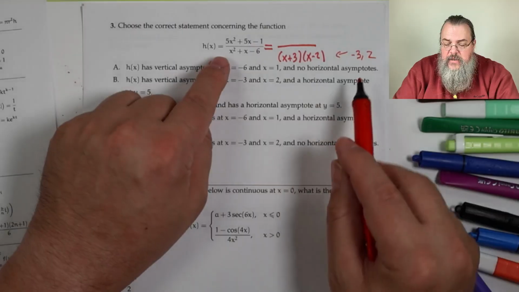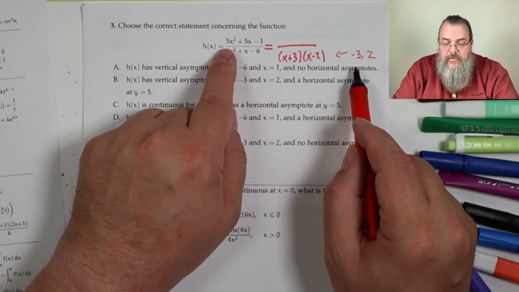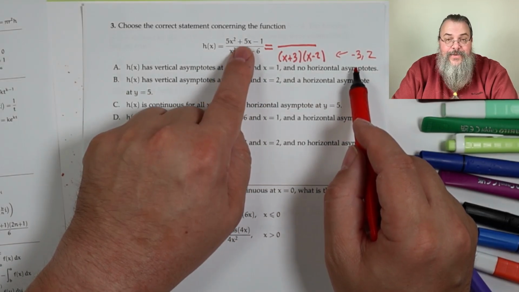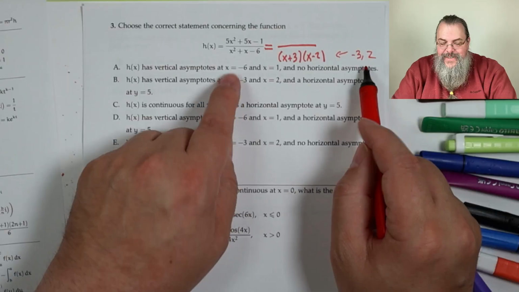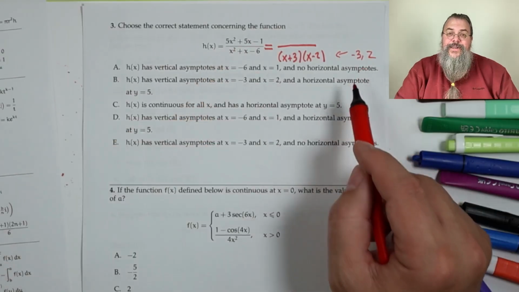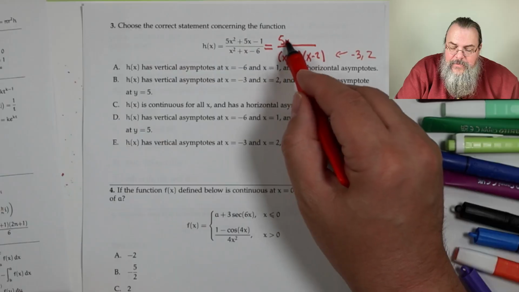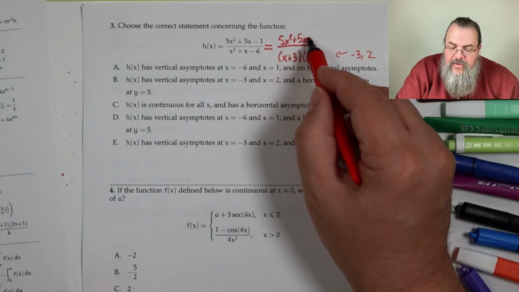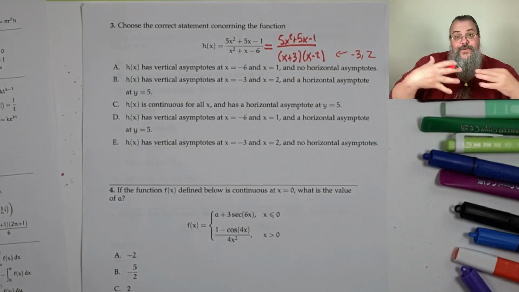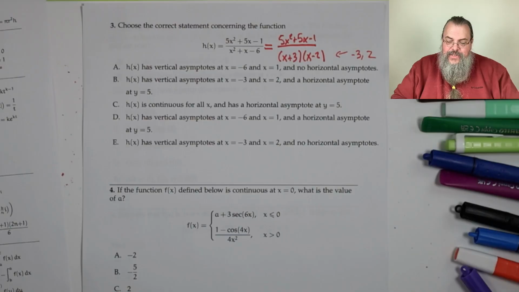Just check: if you plug in negative 3, do you get 0? We get 5 times 9, which is 45, minus 15, minus... No, that's not 0. How about 5 times 4? It's 20 plus 10, minus 1. No, that's not 0. So there are no common factors upstairs and downstairs. That's actually good news for us, so we're not going to get cancellation.